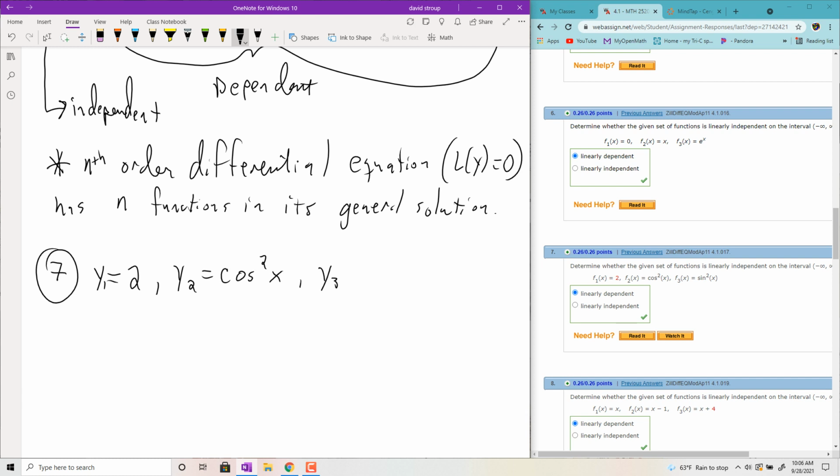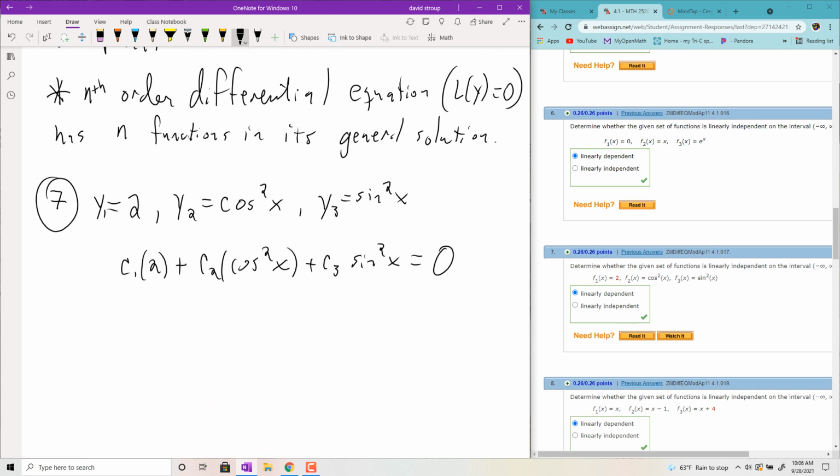For ones that have trig functions in them, you can usually figure out the constants. So we have C1 times 2 plus C2 times cosine squared x plus C3 sine squared x, and I'm trying to find some constants that are not all 0, such that when I add these guys together I get 0.